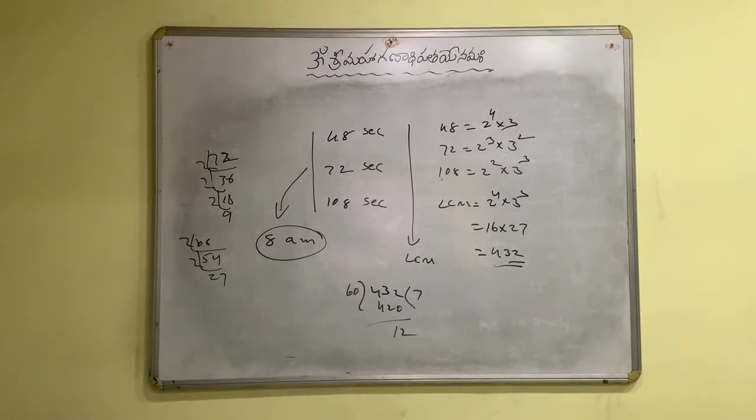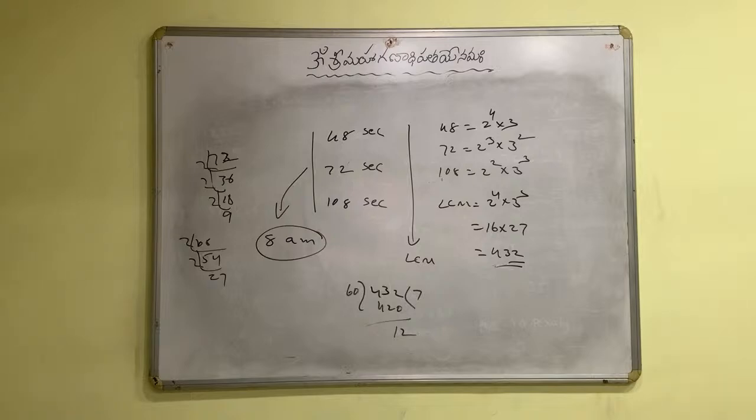After every 432 seconds, the traffic signals change at a time. So those 3 change at a time at 8 a.m. in the morning. Again they will change together after 7 minutes, 12 seconds.